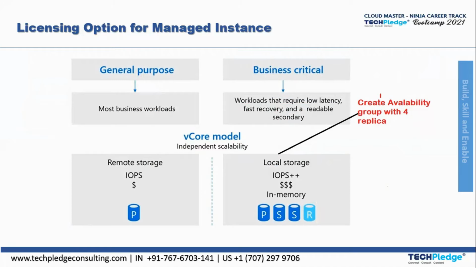It also works on a model with independent scalability. What does independent scalability mean? If right now my database is at peak and I need to use 2 compute and 3 compute will be required, while the database resources in another zone or time zone are not being used, then it charges only for the compute that is in use.